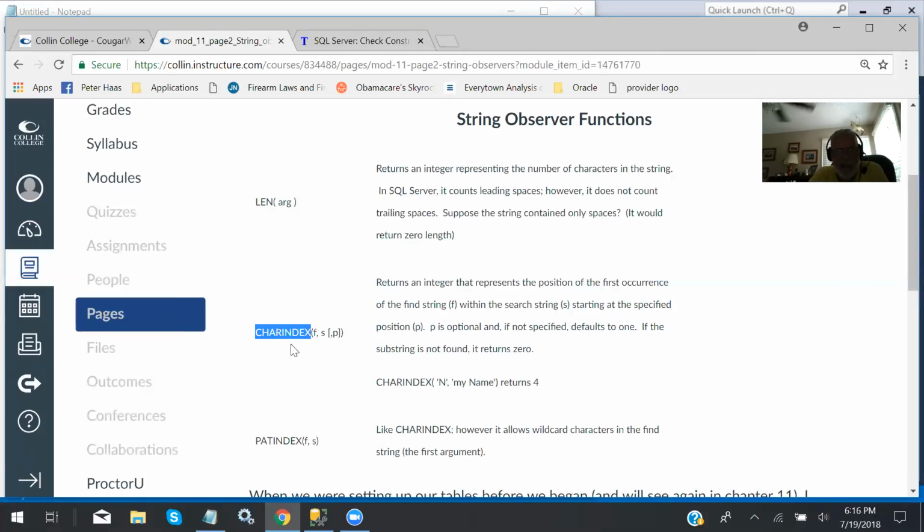And in C++ it is SUBSTR, substring. So basically, it takes a character called F, and F is the find string. So F is the string that is being searched. The first occurrence, wait a minute.